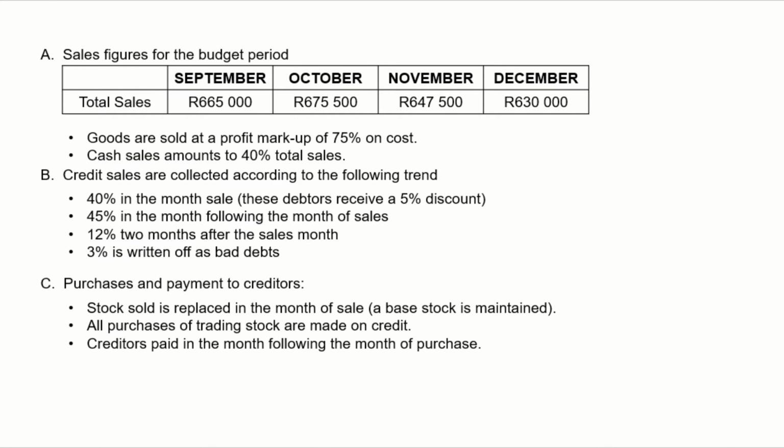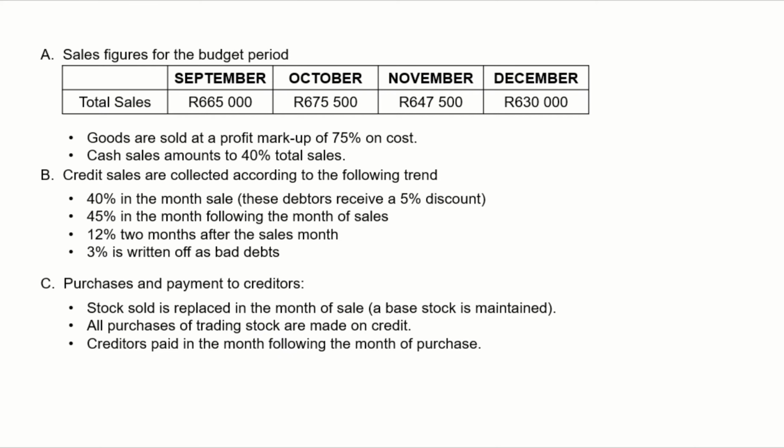Okay? So the first bullet reads that stock sold is replaced in the month of sale. Okay. And then it also says that all purchases of trading stock are made on credit, meaning that whatever we buy, we are buying it on credit. Okay. Then the third part, this is the most important one, the one that says creditors are paid in the month following the month of purchase.